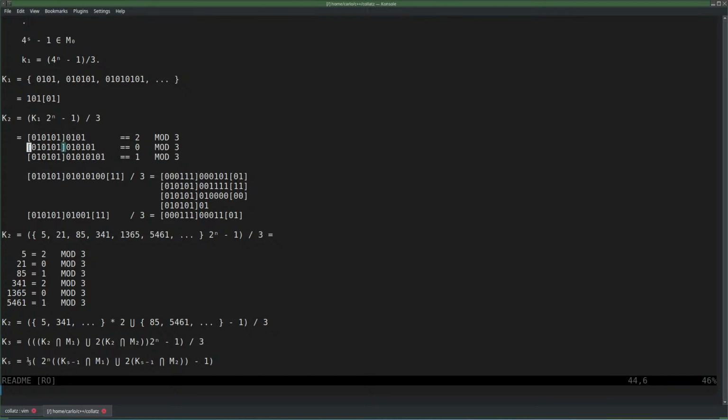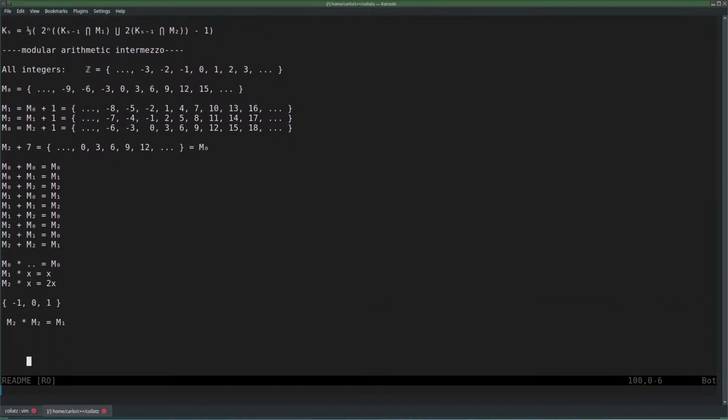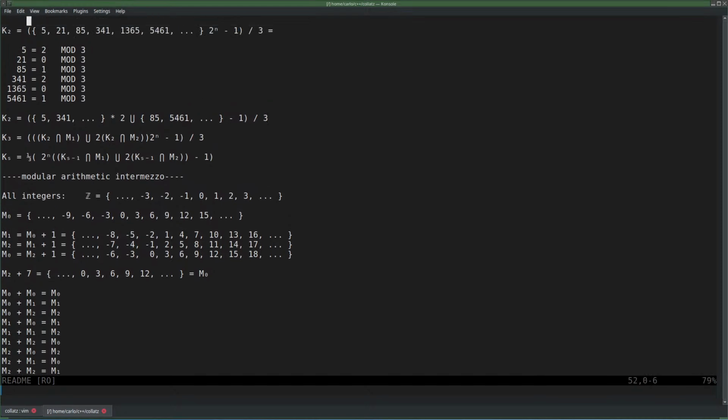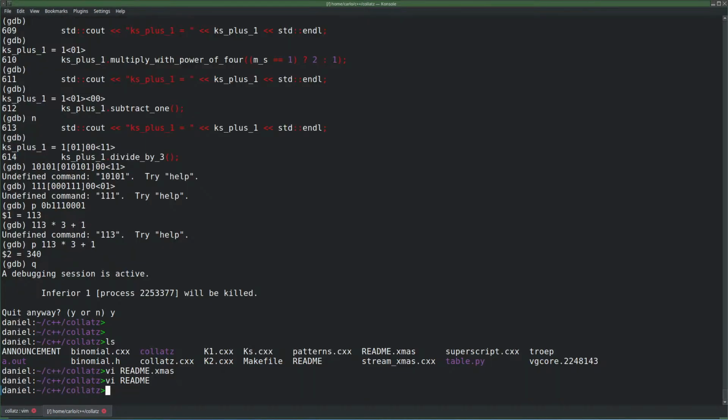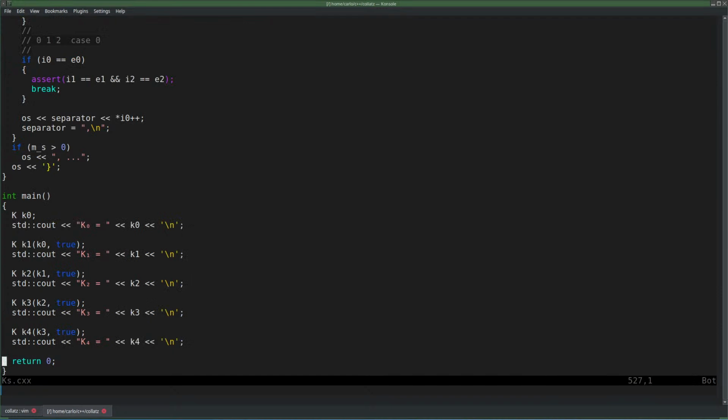And I formulated it as, no, sorry, I have to look at K3, which I don't have. Let's just print K3.